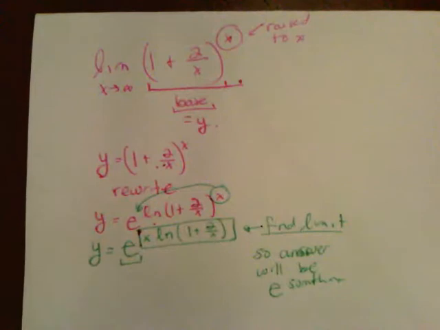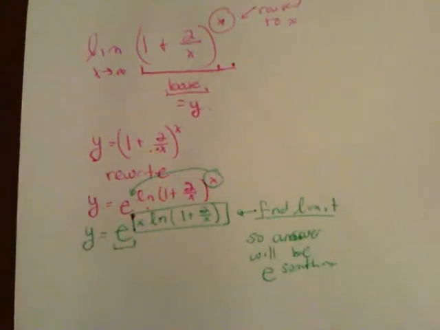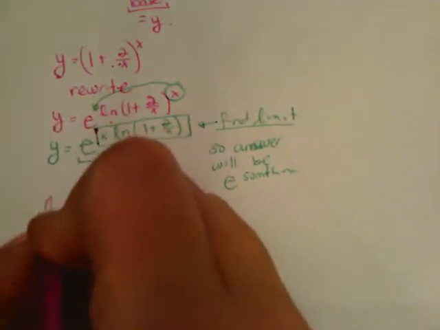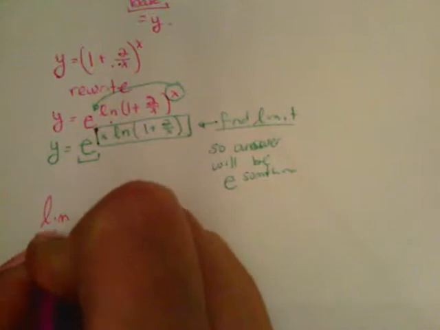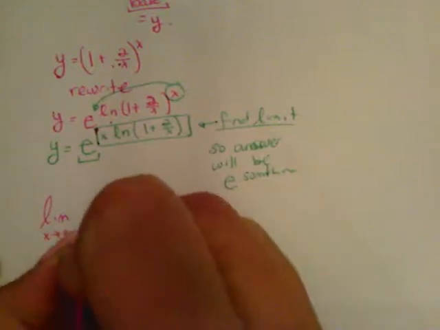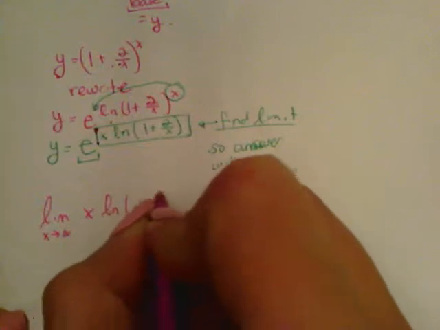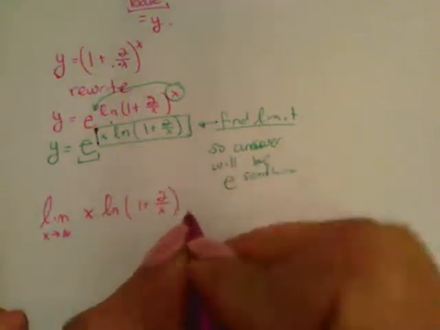Since we needed to use the e to begin with, it's going to end up being in our answer at some point. So we rewrite this problem as the limit as x approaches infinity, and now we're just going to find the limit of x ln(1 + 2/x).